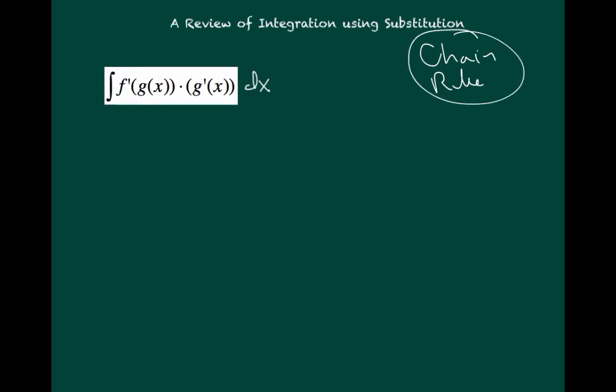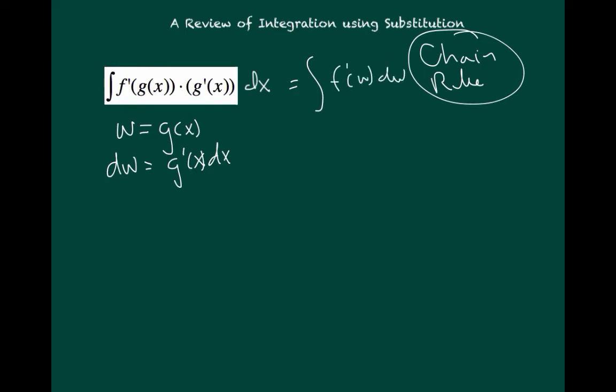The method, of course, was to set the inside function, g of x, give it a new name, w. And the derivative of w we called dw, and that equaled g prime of x dx. All of this allowed me to make a substitution into the integral so that I had f prime of w dw.